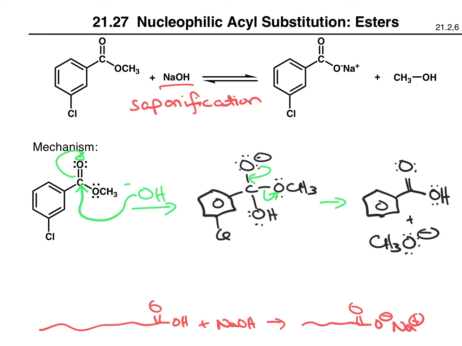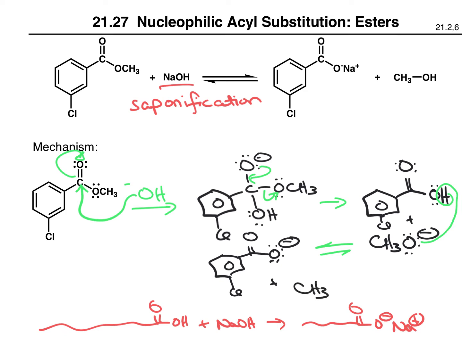methoxide. Finally, methoxide can grab off a proton, so we have an acid-base reaction. Oops, sorry, I forgot the chlorine here. We have an acid-base reaction, which gives us this plus methanol.